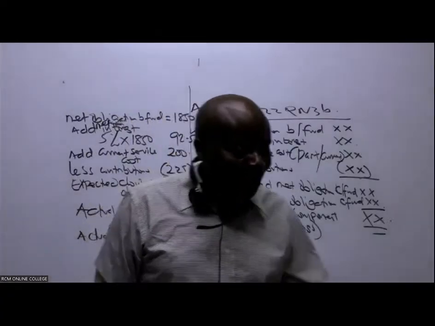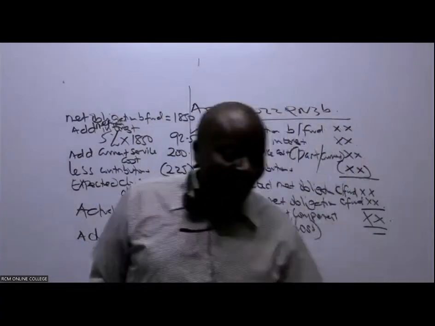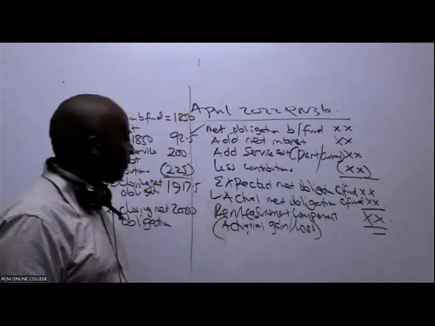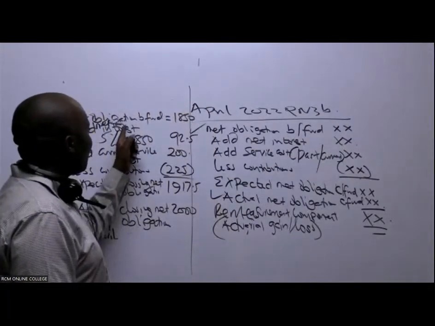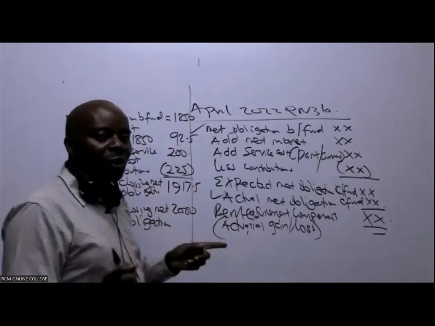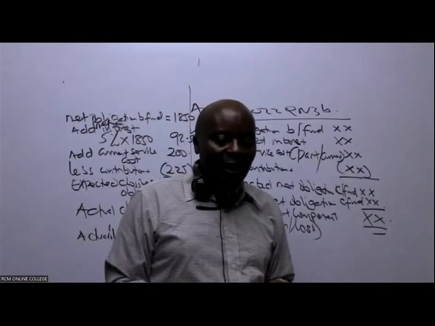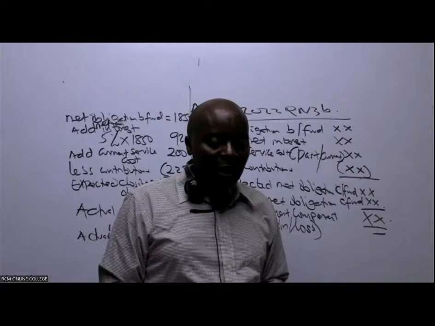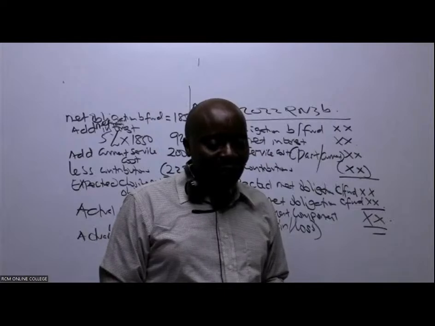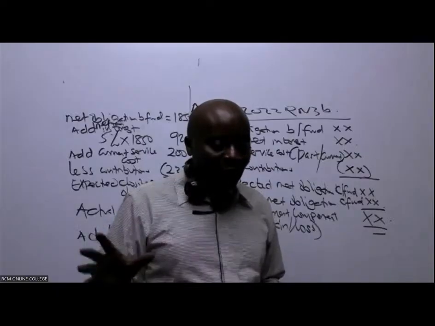Wrong, Paul. Paul, you have misled for the very first time. It is a loss. Why? Because this is an obligation. Whenever obligations in this case increase, we call them losses. If it's an asset which has increased in value, that's a gain.